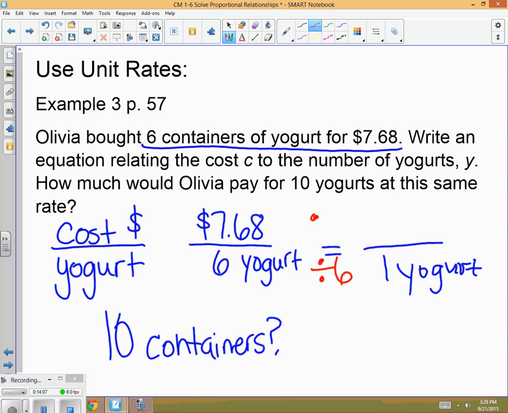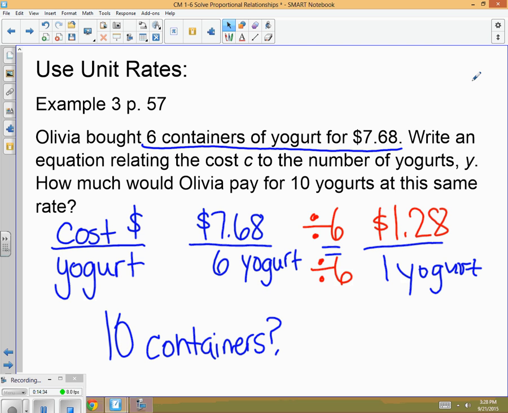Whatever I do to the bottom, I also need to do to the top to keep it equivalent. 7.68 divided by 6, I'm going to use a calculator, and that gives me about $1.28 per container. So $1.28 per yogurt.